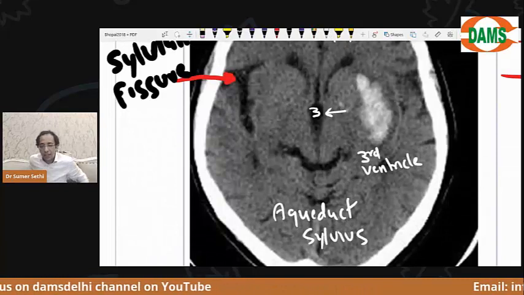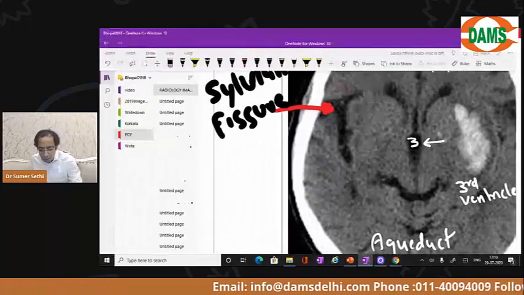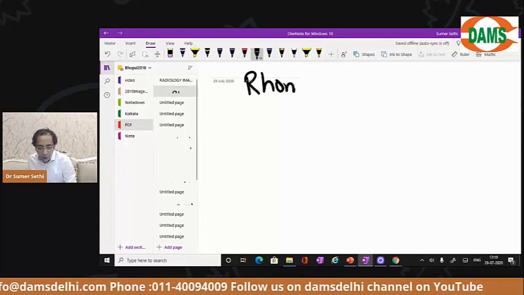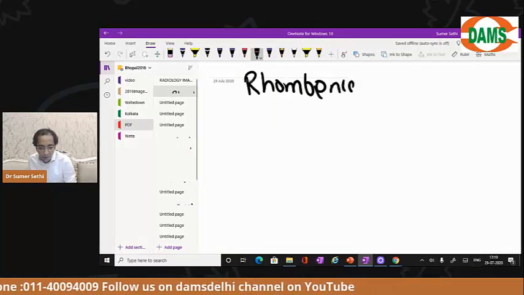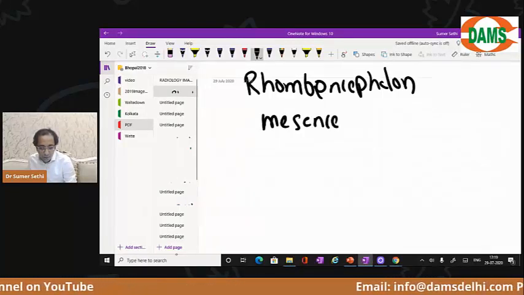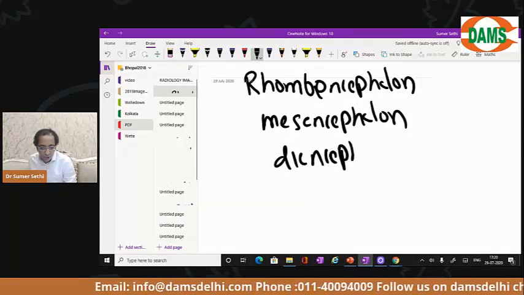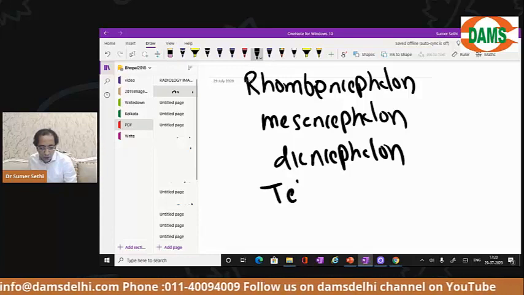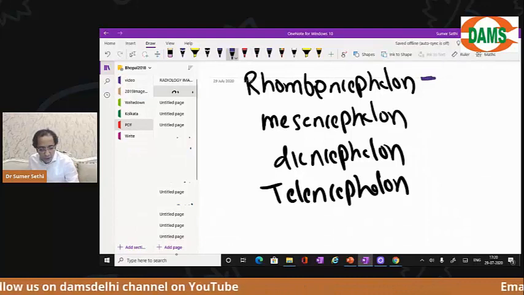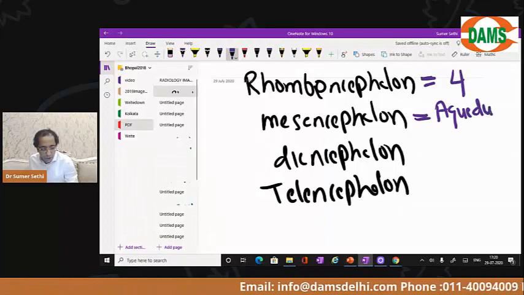Students, if I go to the bare minimum that you need to know as an MBBS graduate, hind brain is called rhombencephalon. Midbrain is called mesencephalon. Then we have the diencephalon, and the cerebral hemispheres are the telencephalon. Do you remember? So the cavity that we see in the hind brain is the fourth ventricle. In the midbrain, we saw the aqueduct.